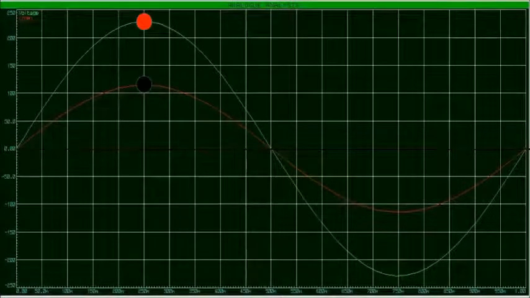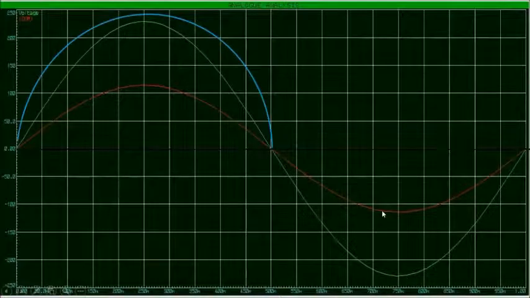So now let's say I want to calculate instantaneous power at this instant. I will multiply positive current with positive voltage. So of course it will give me a positive power. Now if I measure instantaneous power at this instant, I will multiply negative current with negative voltage, and negative multiplied by negative will give me again a positive power.